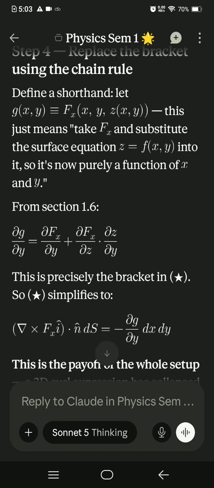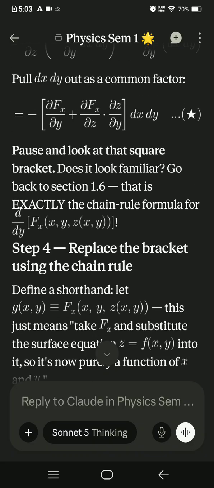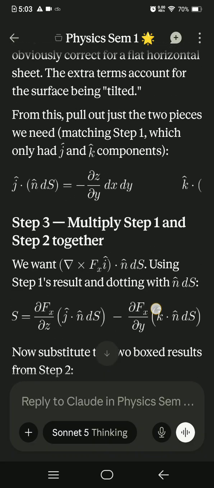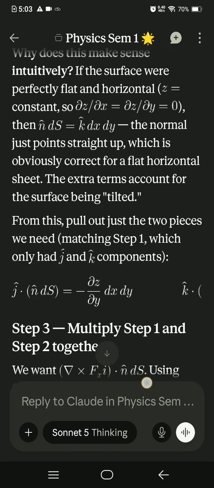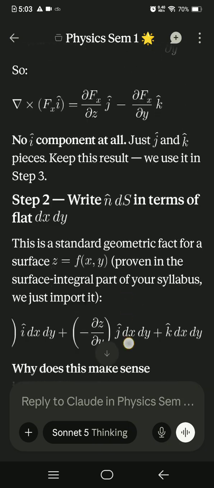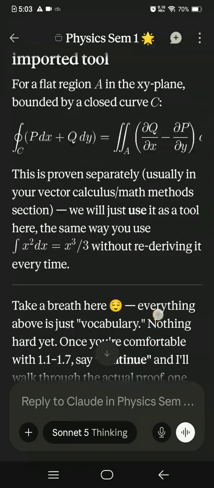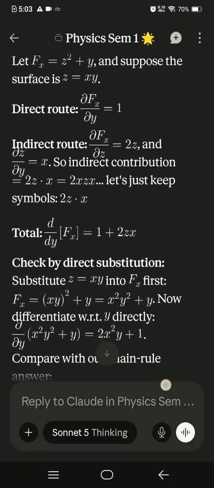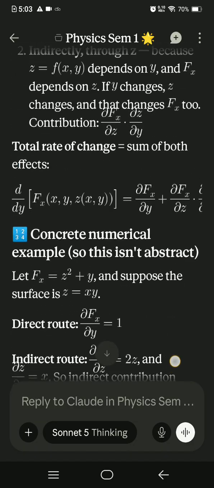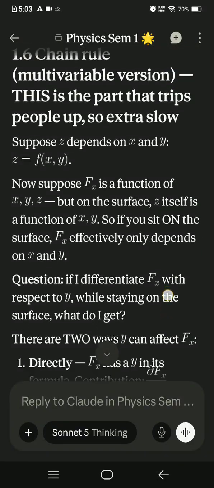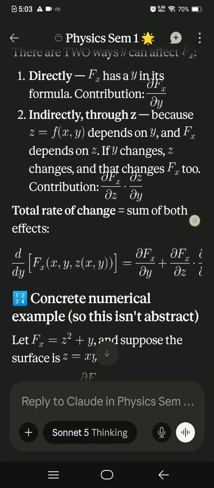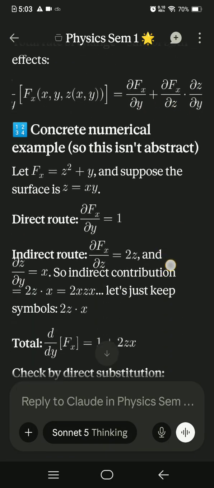From section 1.6... where is section 1.6 now? This was section 1.6, the chain rule.